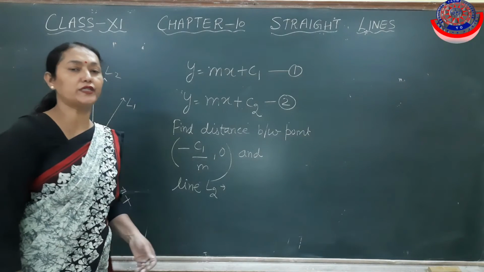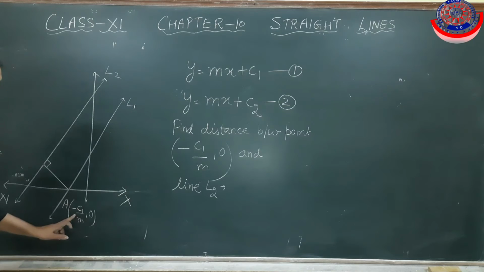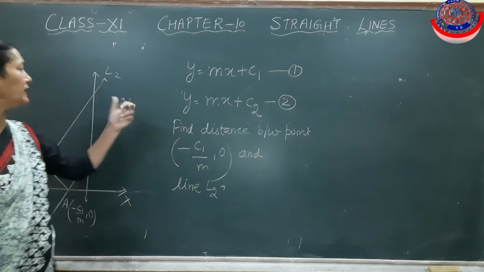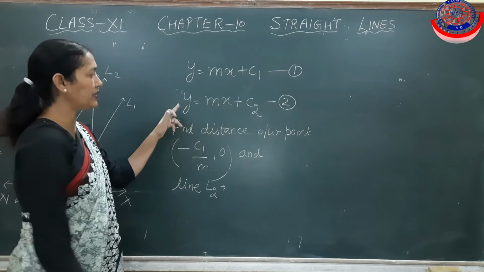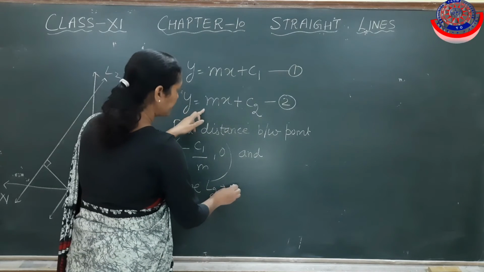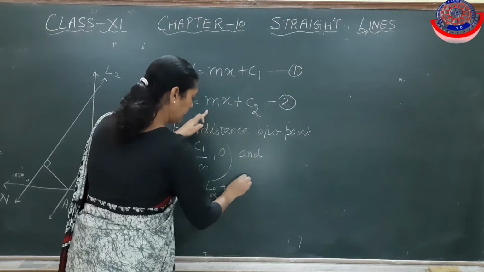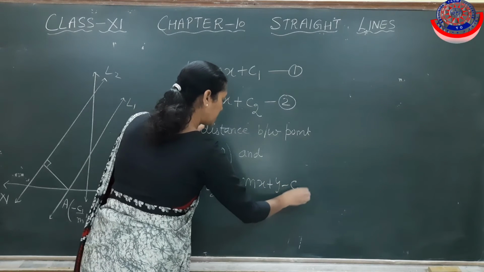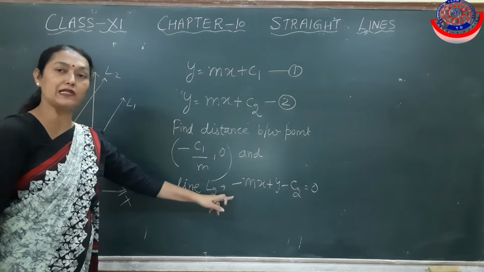Now after calculating the coordinates of this point, what has our question become? We have to find the distance of this point having coordinates minus c1 upon m and 0 from the given line L2. And the equation of the line L2, after rearranging, if we shift mx and c2 to this side, will become minus mx plus y minus c2 is equal to 0. So we have to find the distance of this point from this line.